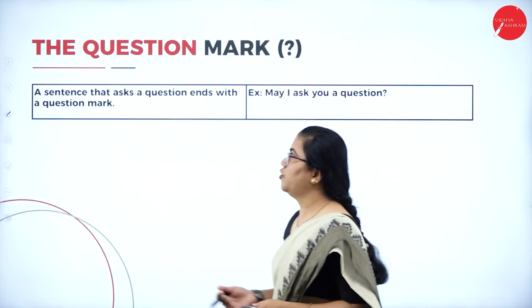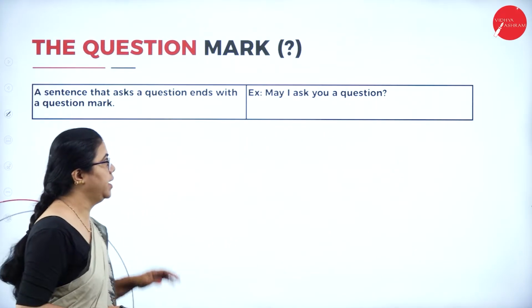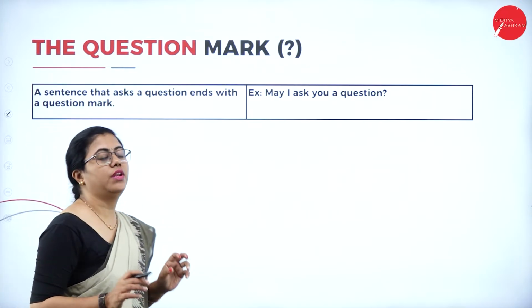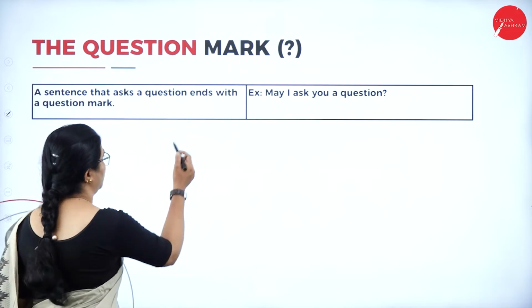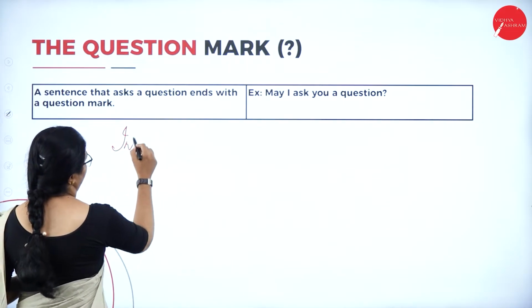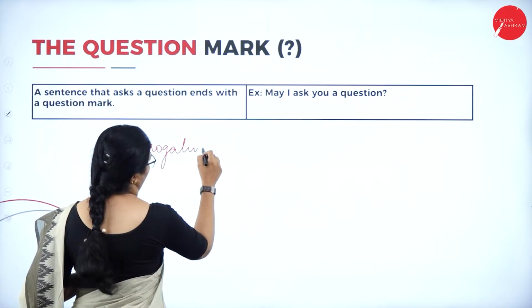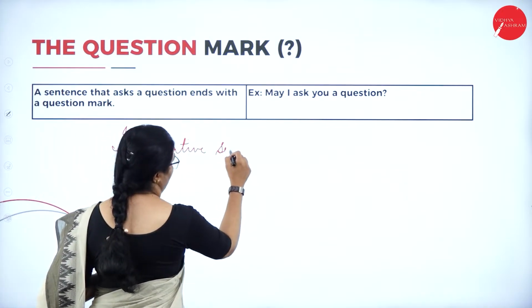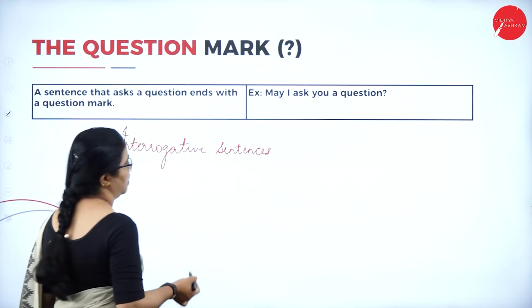Okay, so we'll move on to the next one, that is the question mark. Most commonly, the question mark is always used whenever you ask a question, whenever you are writing an interrogative sentence. So whatever I have written here is an interrogative sentence. Under all these interrogative sentences, or whenever you are asking a question, you use this question mark.